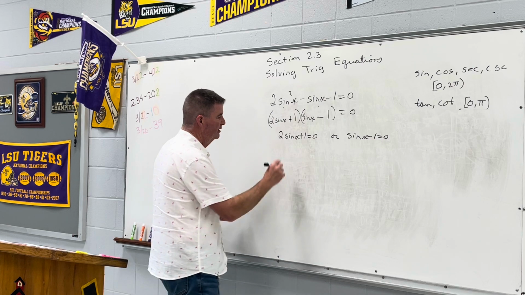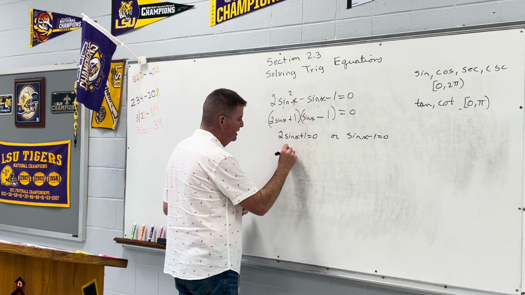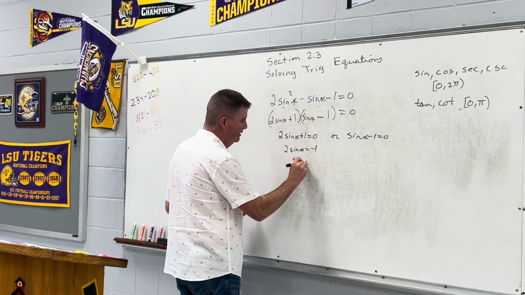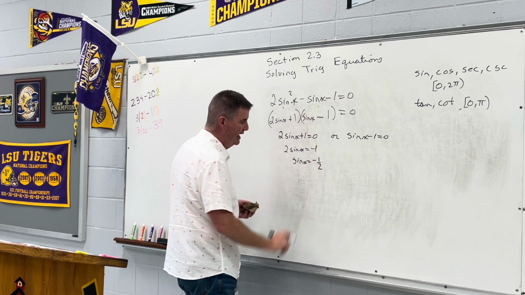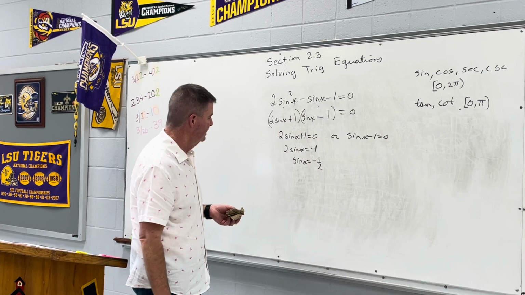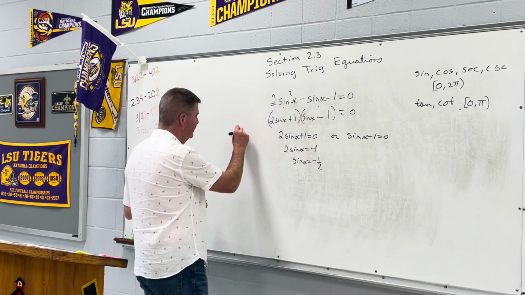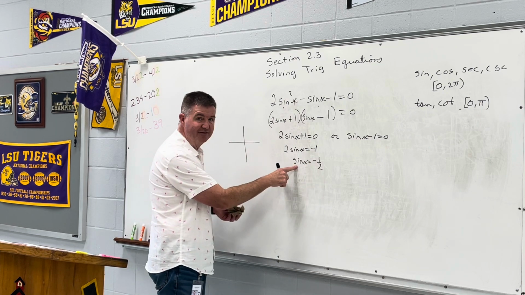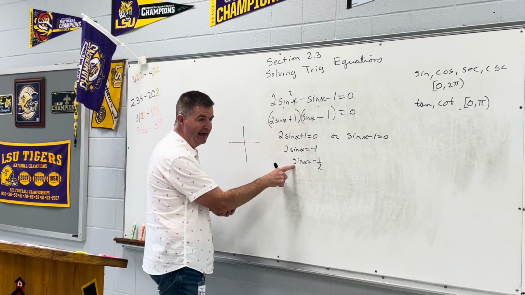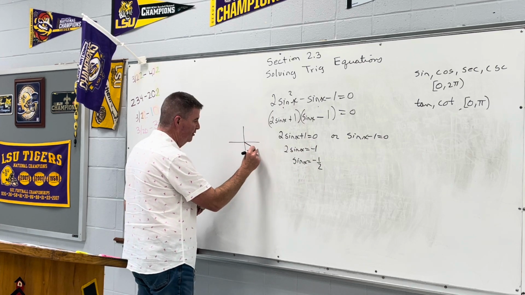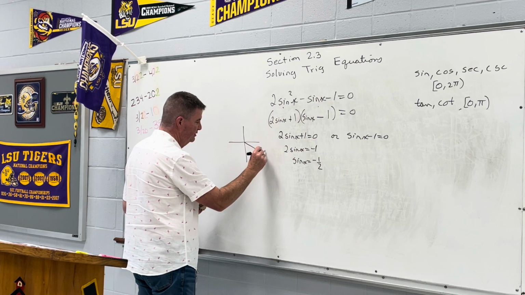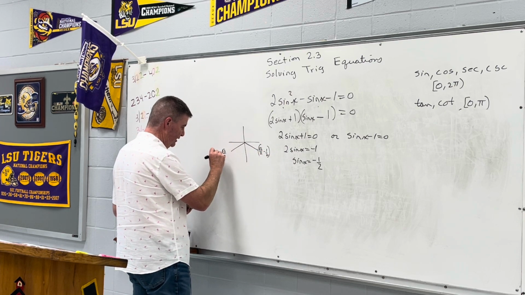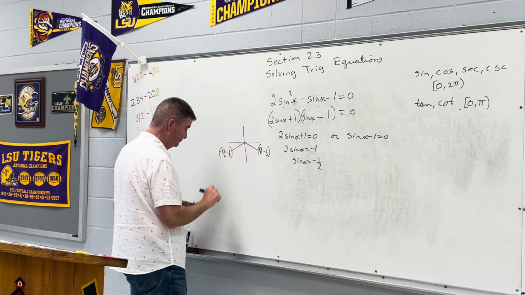For the left, if I bring everything to the other side, 2 sine of x equals negative 1. Sine of x equals negative 1/2. So if I come to this side and I look at where the sine, which is the y value, is negative 1/2, that means our ordered pair is square root of 3 over 2, negative 1/2. And here, square root of 3 over 2, negative, and negative 1/2.